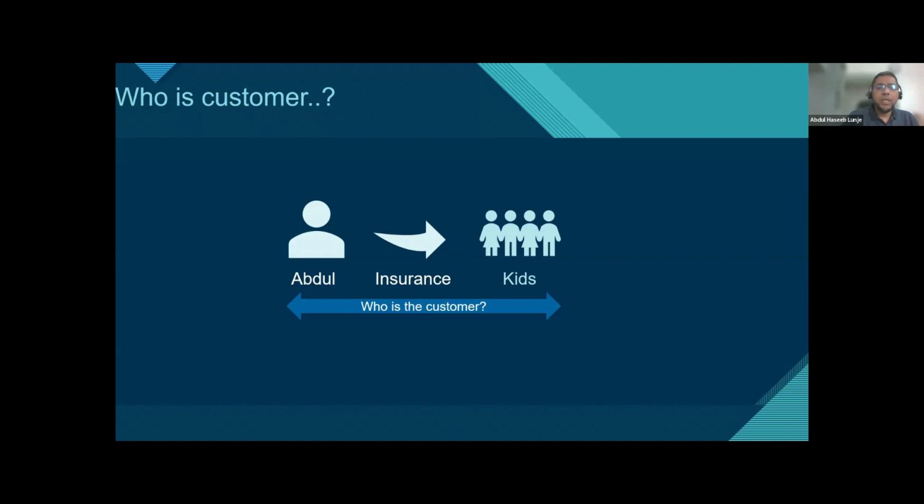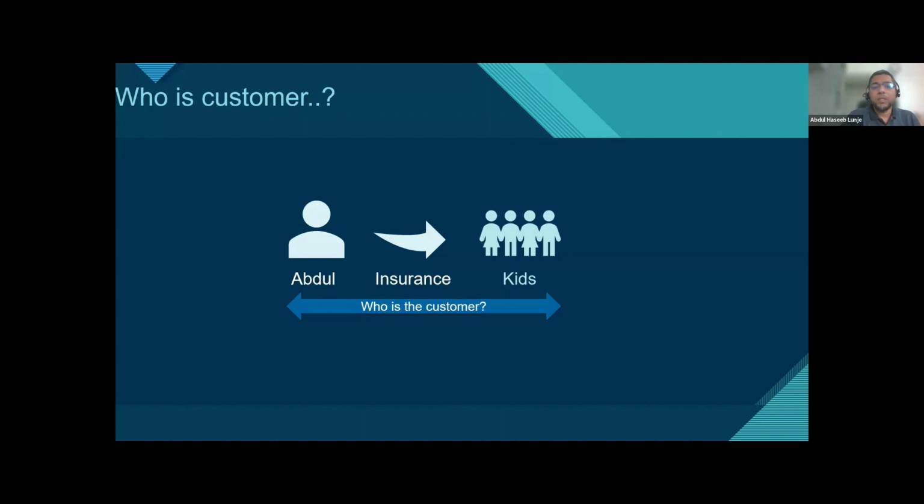As per them, the kids are not the customer. It is Abdul, he is the customer. Why? Because he has purchased it. He is the decision maker. No doubt the kids and the parents are going to influence Abdul, but he is going to take the decision because he is paying the money.